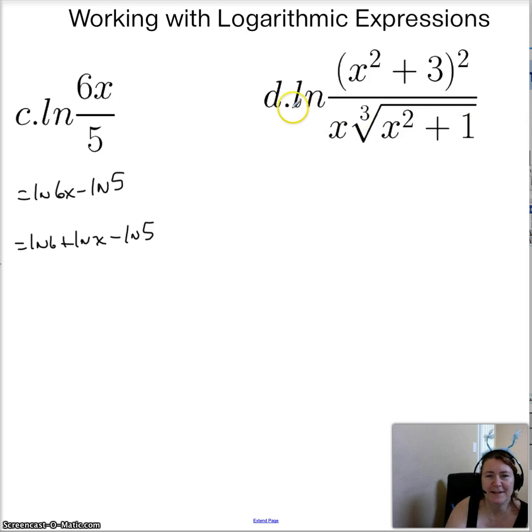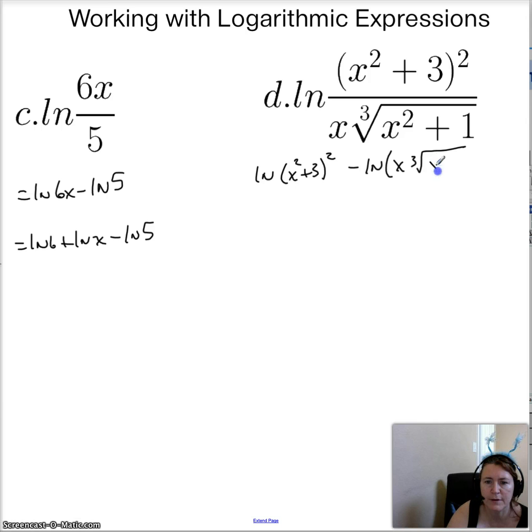This one, oh, this one's flat. All right, just take a deep breath. Let's do one thing at a time. Let's use the fraction. This is natural log of x squared plus 3 squared minus the natural log of x cubed root of x squared plus 1.